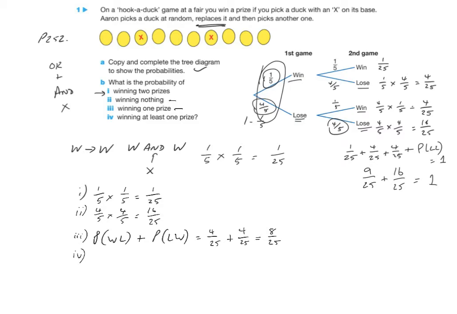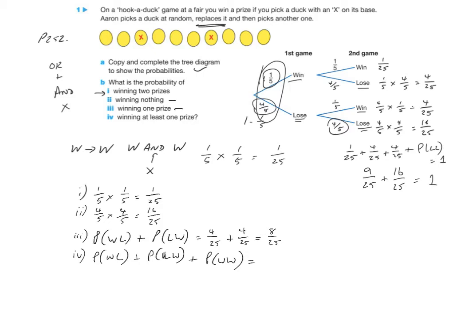For the fourth part, winning at least 1 prize. So we're going to have WL or LW, or probability of win-win, because 2 prizes still satisfies us.